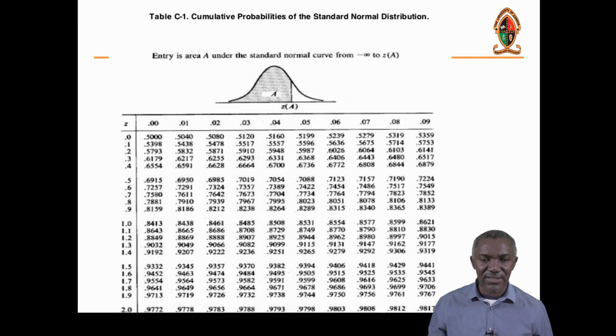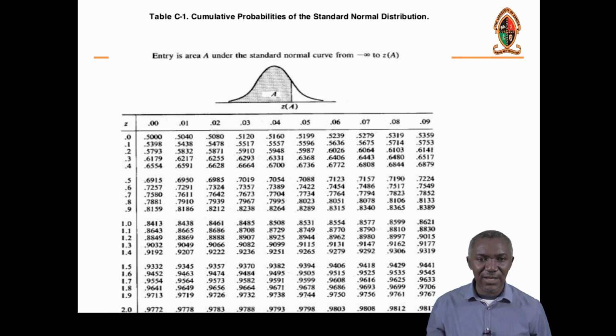So if I go to a z-score of 2, this is a z-score, and what I get in terms of probability is 0.9772. If you look at this distribution here, it gives you an idea.